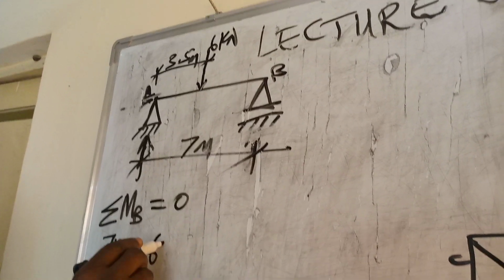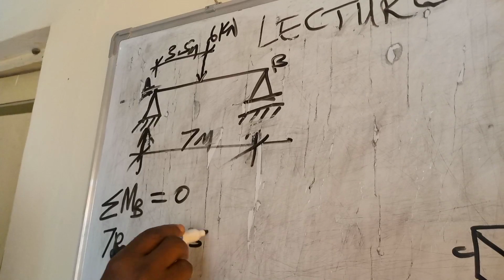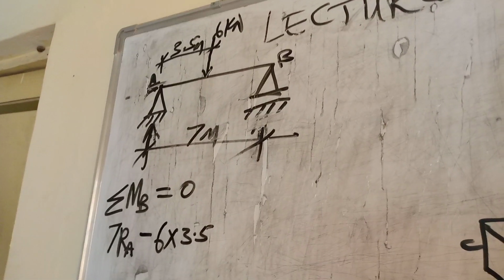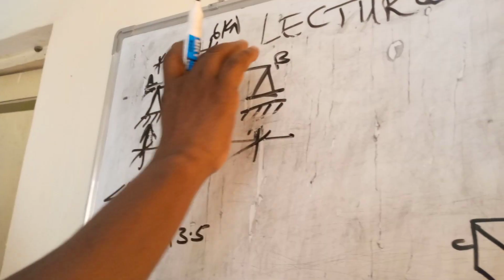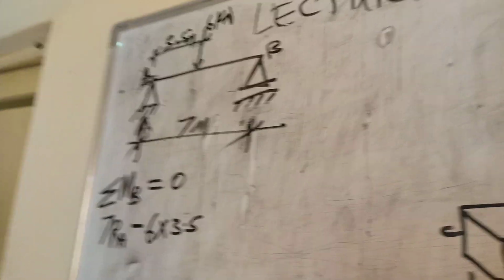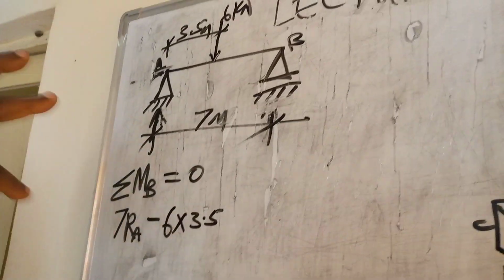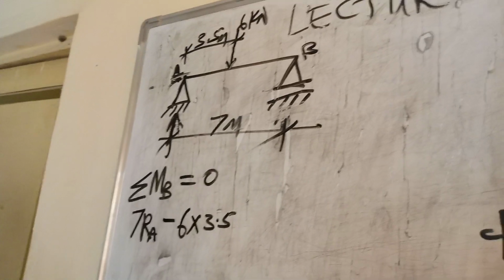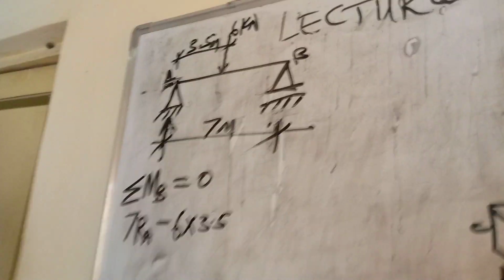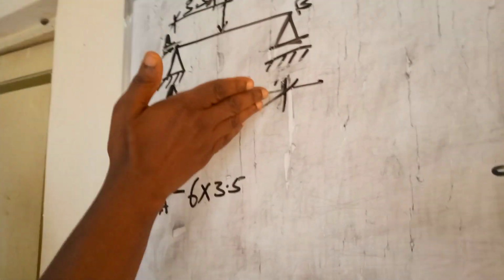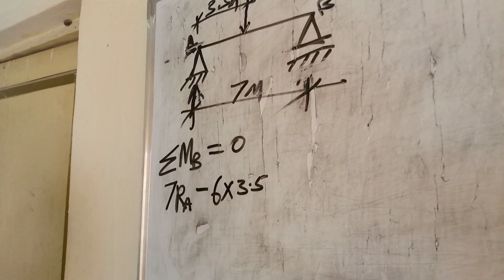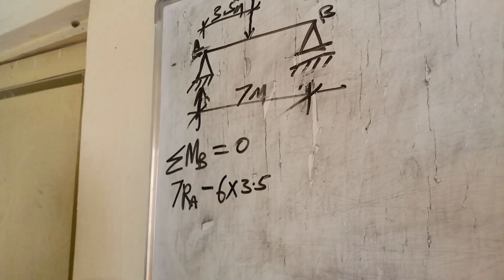Negative 6 times 3.5, because that's the perpendicular distance of the force 6 from B. Then at B, we are taking moment at reaction B, so reaction B has no distance to itself. The distance of reaction B from itself is 0, so it will not create moment about B.